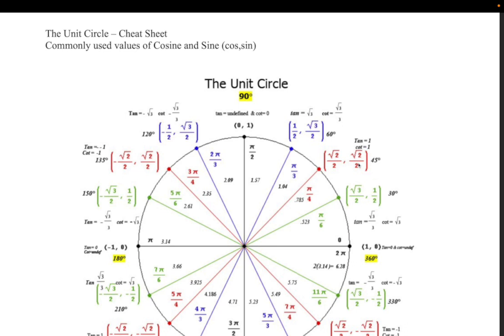We also have the tangent and cotangent listed on this cheat sheet. The tangent of pi over 6 is square root of 3 over 3, and the cotangent is just square root of 3. We don't have secant and cosecant on here, but you can figure those out pretty easily from sine and cosine. That's what this cheat sheet is all about.